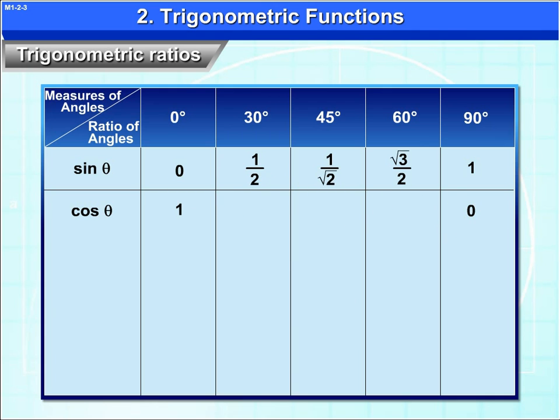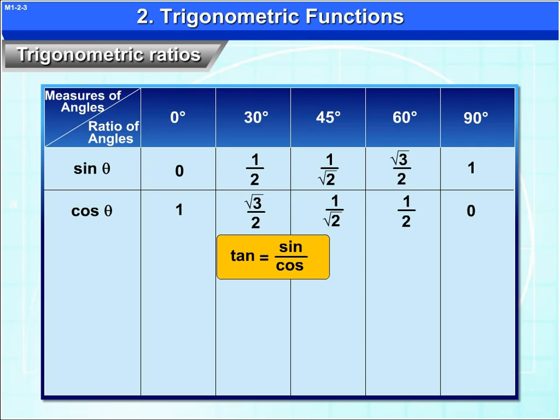The value of sine 30 degrees, we shall write for cos 60 degrees. The value of sine 60 degrees, we shall write for cos 30 degrees. And cos 45 degrees remains the same as sine. So now we have the values for cos for all the angles.